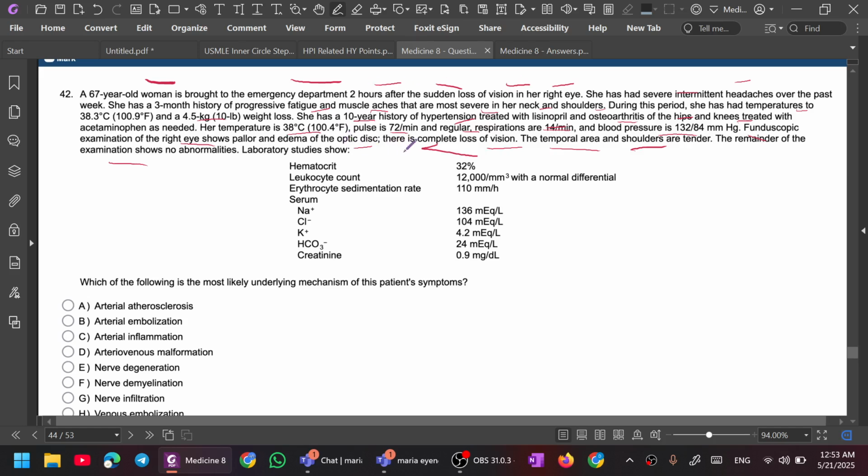The remainder of the examination is normal. Hematocrit 32%. Leukocyte count 12,000. ESR 110. Sodium 136. Chloride 104. Potassium normal. Bicarbonate normal. Creatinine is normal. Which of the following is the most likely underlying mechanism of this condition?